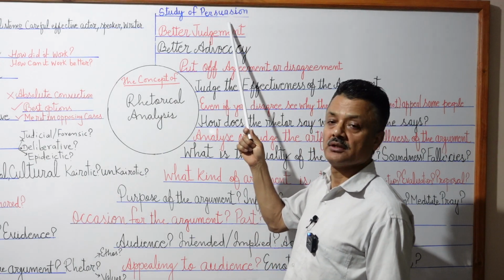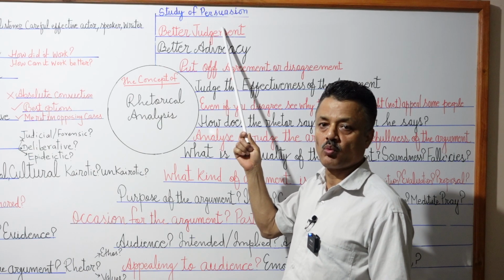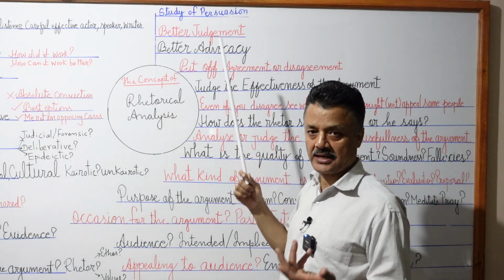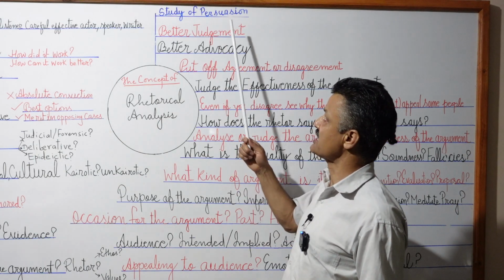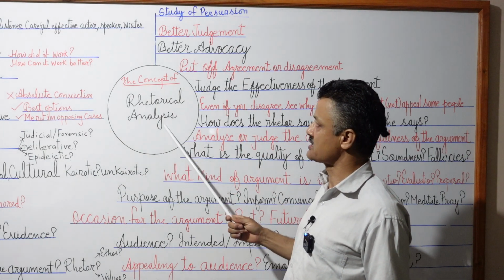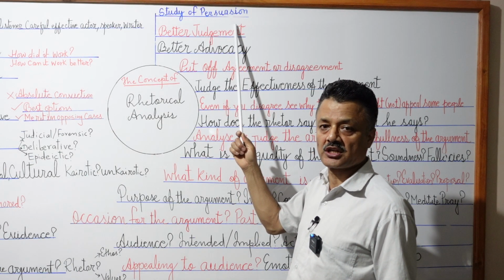So what do you see? All the writers are saying something. They want us to believe what they're saying, and they use tactics, they use strategies to convince us. And when you do rhetorical analysis, you try to understand how they are trying to convince us.